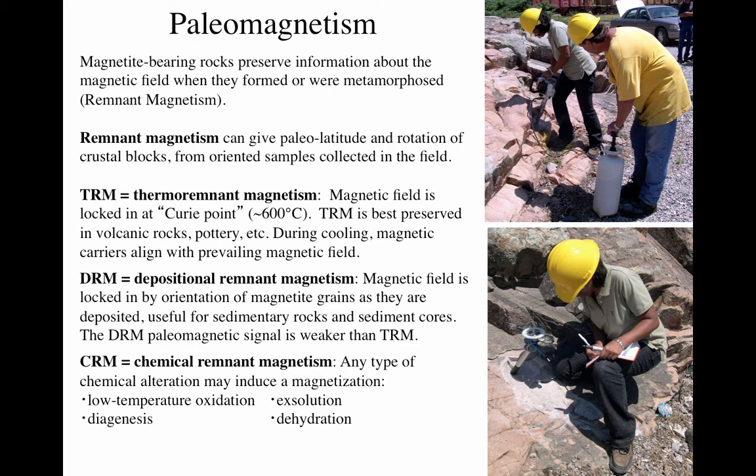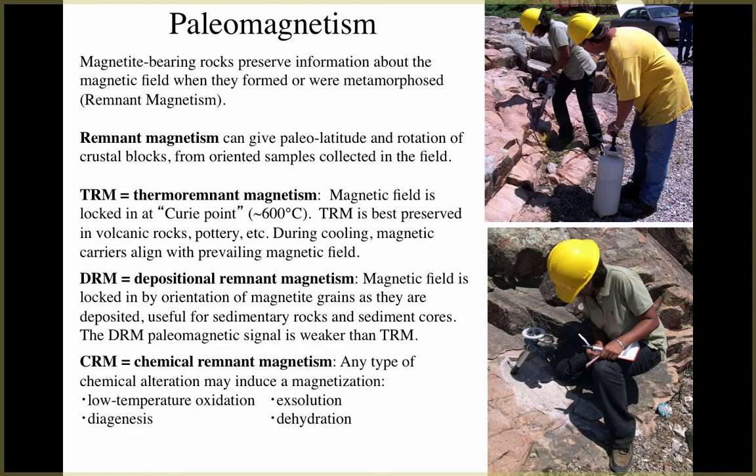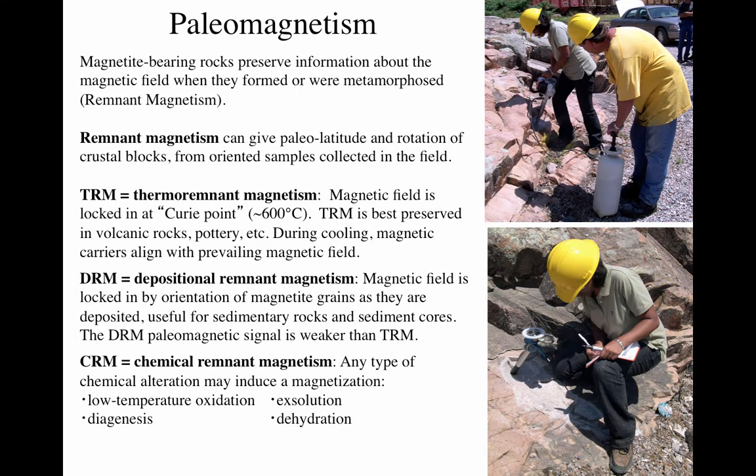The orientation of that magnetism relative to the present day orientation of the magnetic field tells us something about the paleolatitude and rotation of the crustal blocks in the intervening millions of years since the magnetism was formed. There are different ways in which this magnetism can be preserved, whether it's a thermal magnetism, a depositional magnetism in sedimentary rocks, or a chemical magnetism. And so any one individual measurement can be subject to multiple interpretations.